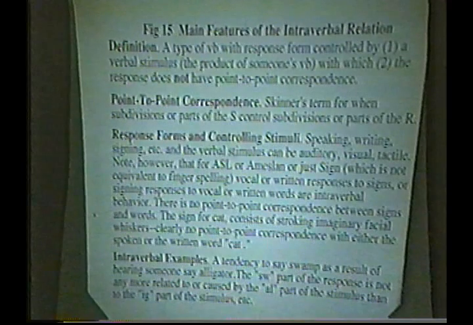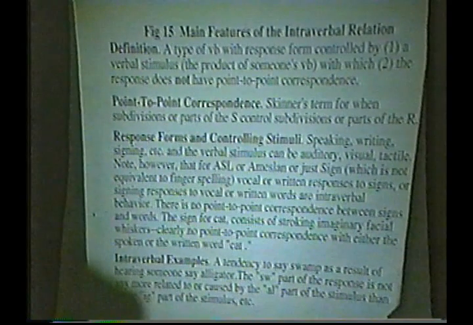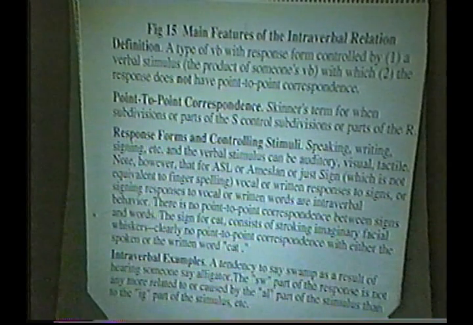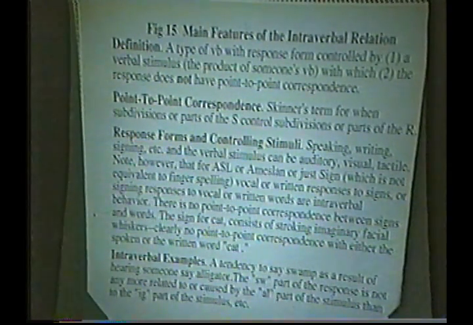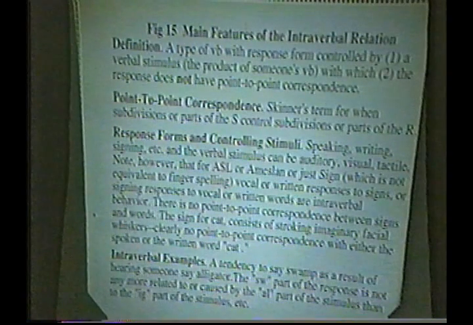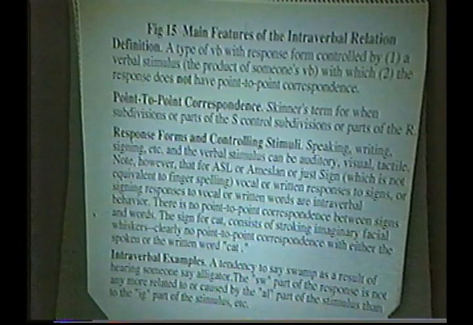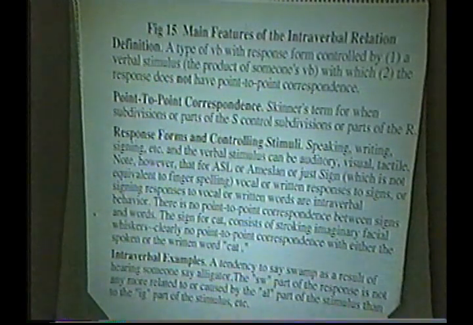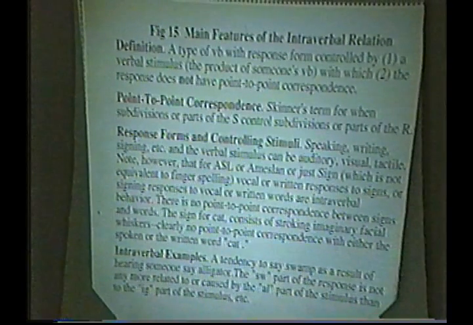Notice that that's the case when you see the written word animal and you say animal. The parts of the stimulus and the parts of the response can be related to one another. But if you see the written word animal and you say tiger or zoo or canine, the parts of the stimulus of animal are not related to any of the parts of the word canine, for example. They're related to it as a whole.